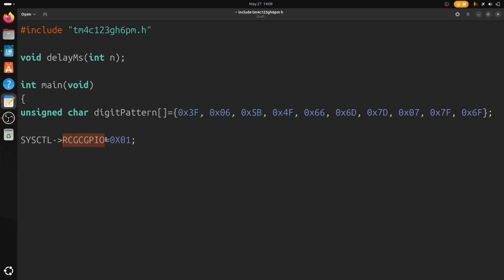The function of this GPIO register is to select particular ports, whatever ports you want, and I'm selecting port A here because 0 in hexadecimal is this and 1 in hexadecimal is this, and this one is port A, port B, port C, port D, port E, port F. So I'm choosing port A, or GPIO port A.